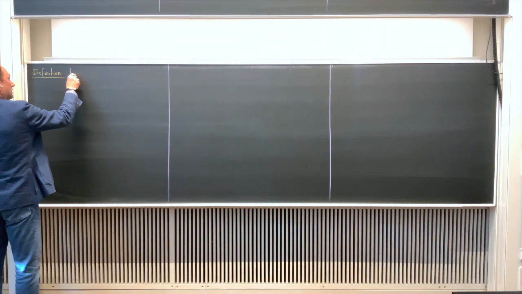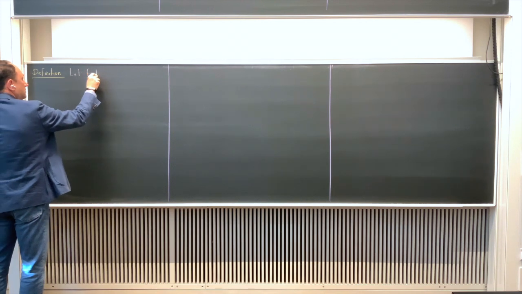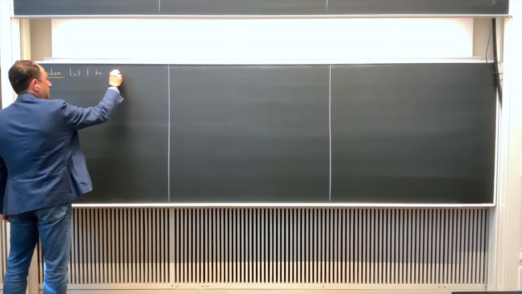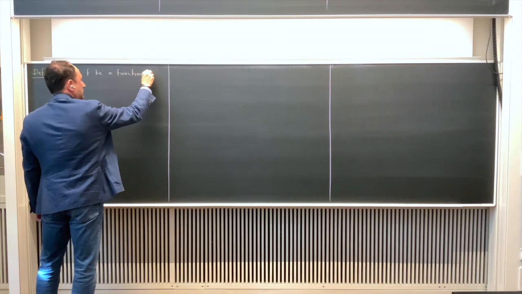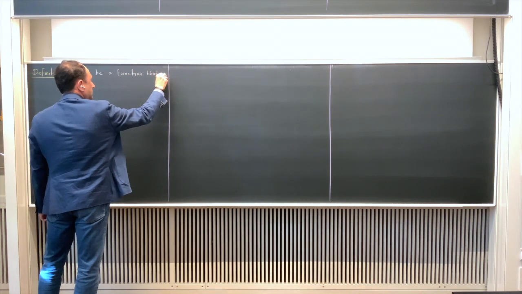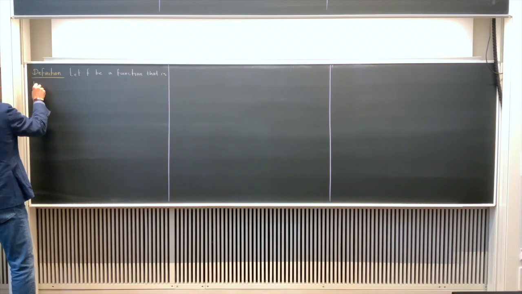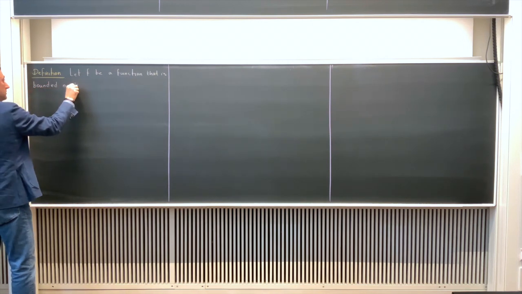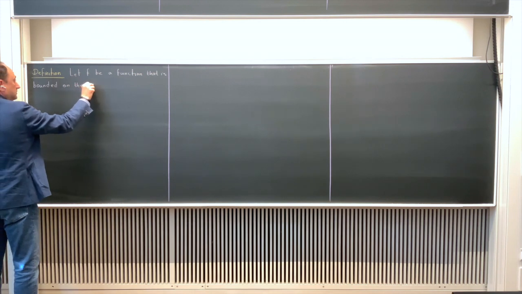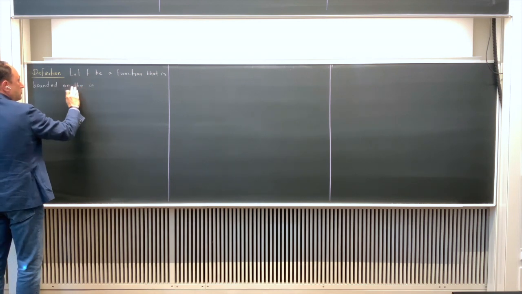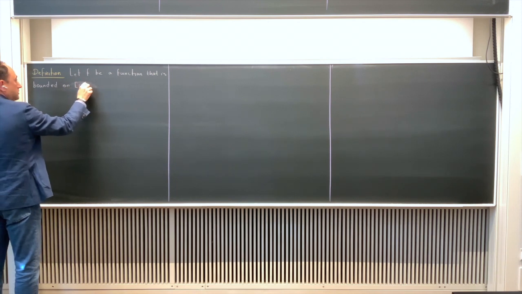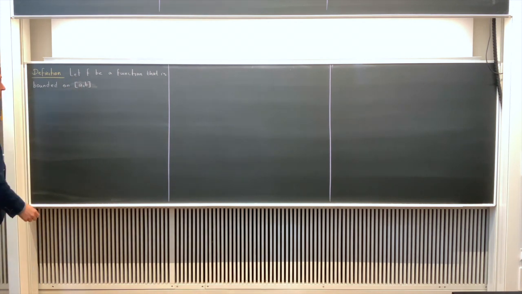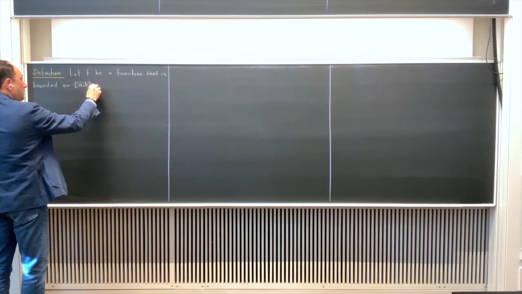So let f be a function that is bounded on the interval. Let me make it shorter. When I write this, you know that this means the closed interval [a, b]. Okay?